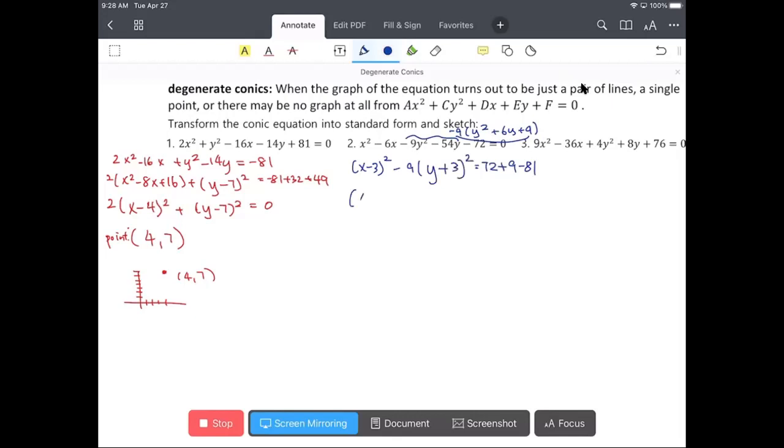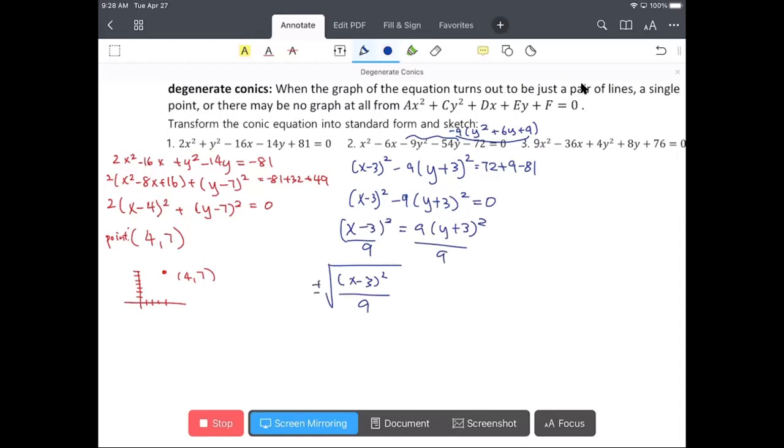Then we have (x - 3) squared minus 9(y + 3) squared equals 0. Here, because of the minus, I can bring it to the other side and solve for y. I'm going to divide both sides by 9 and take the square root on both sides.